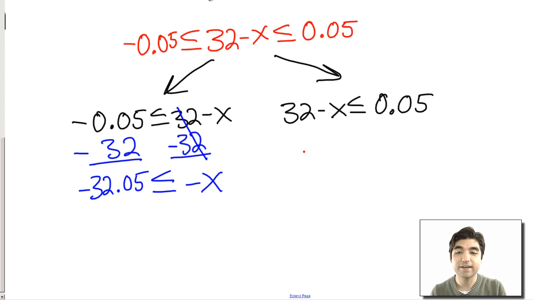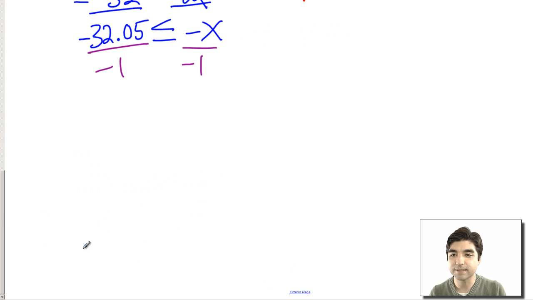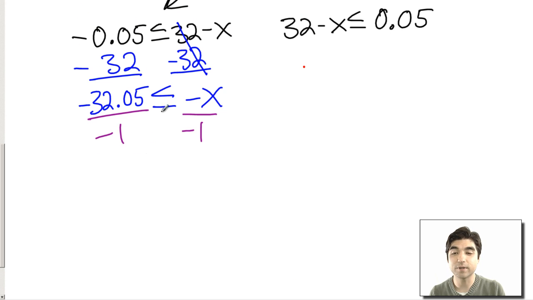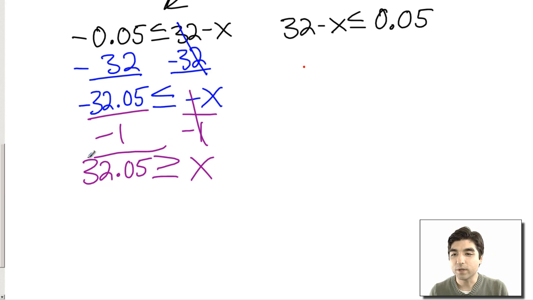Then we still have this negative stuck to the x, so we need to divide by negative 1. And remember what happens when you divide by negative 1, the sign flips. So that cancels out, and we have x is greater than or equal to 32.05. So that's one of our answers.